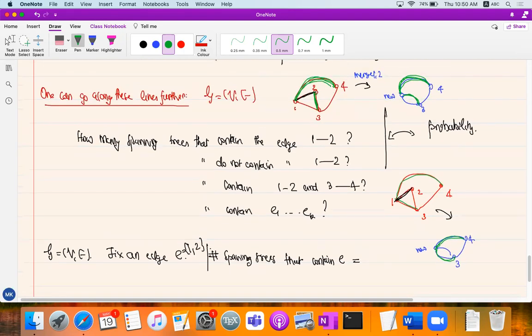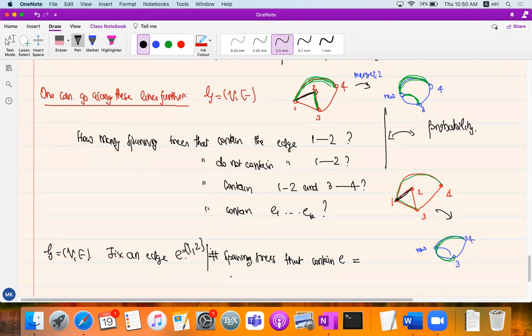But the essential idea is that the number of spanning trees that contain the edge 1, 2 is the same as the number of spanning trees in the new graph, which is got by merging the vertices 1 and 2, and for which we have a formula.